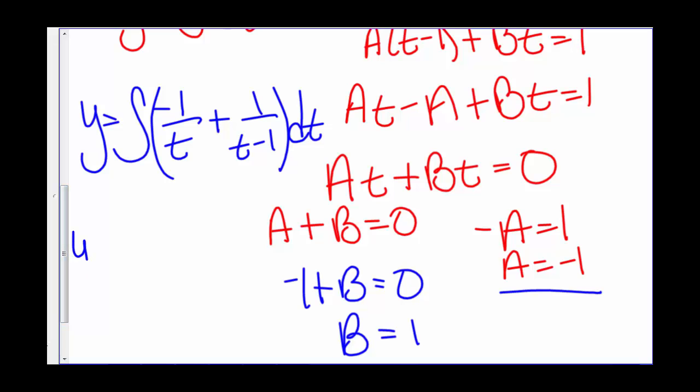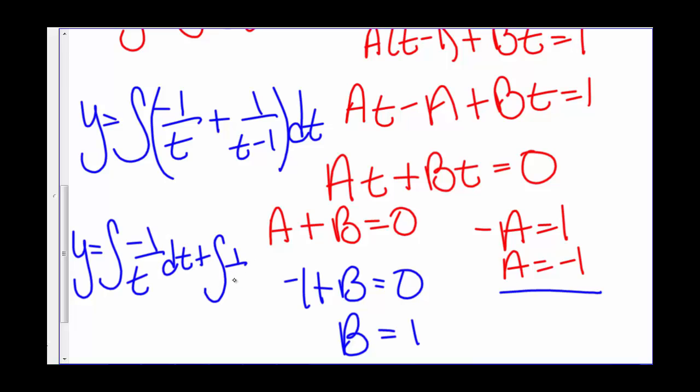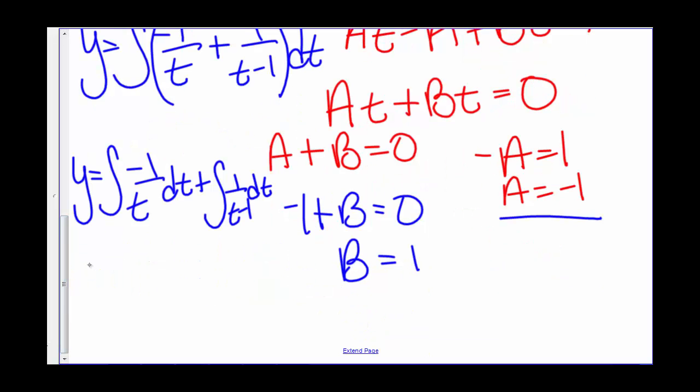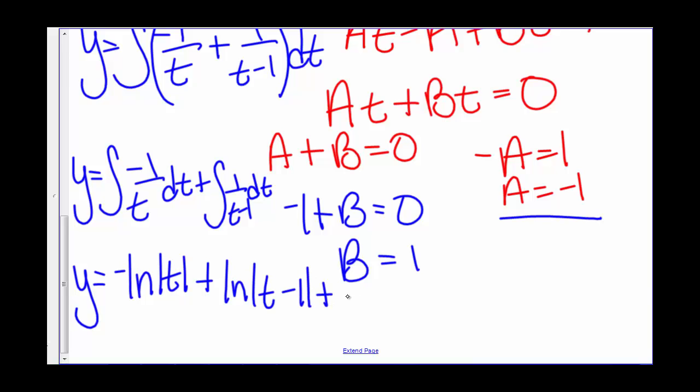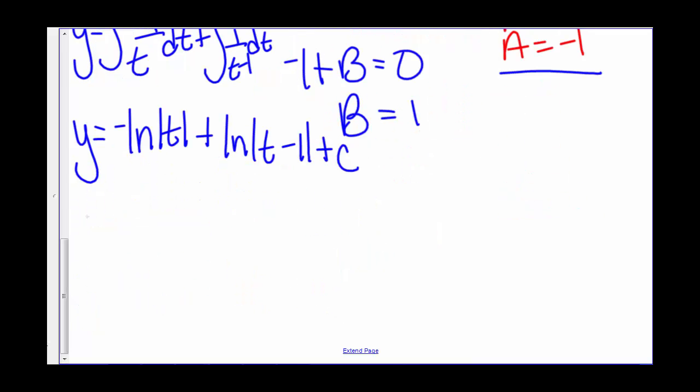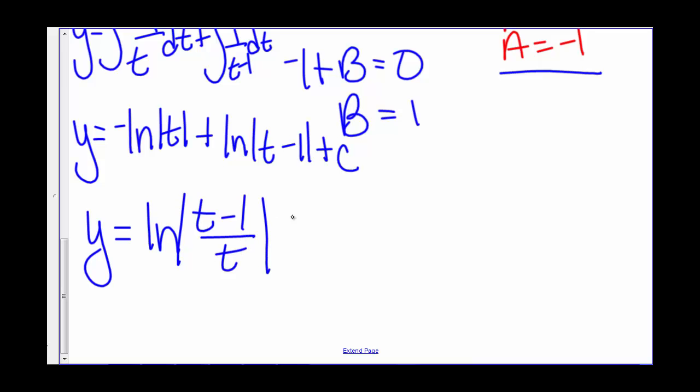So that is y equals the integral of -1/t dt plus the integral of 1/(t-1) dt, which gives us y = -ln|t| + ln|t-1| + C. We could also rewrite this using our properties of logarithms as y = ln|(t-1)/t| + C. So this is our general solution, and of course we can check the solution by taking the derivative.